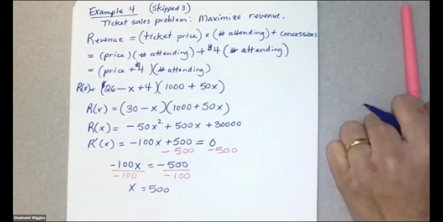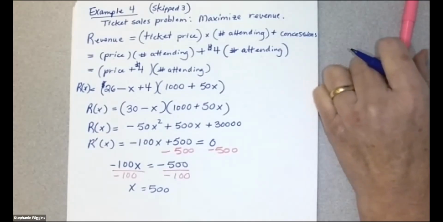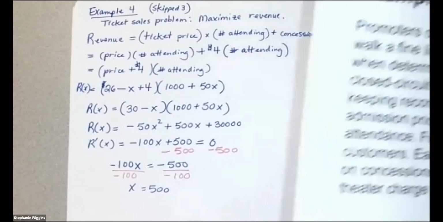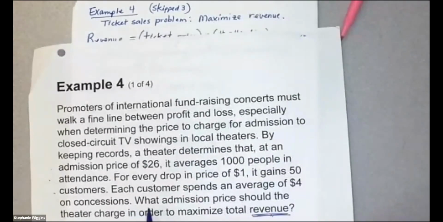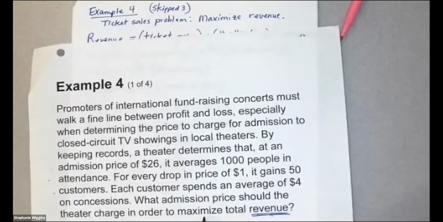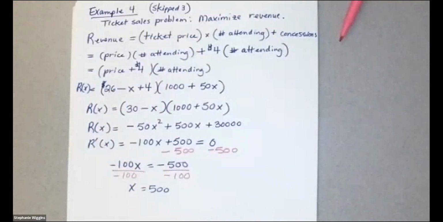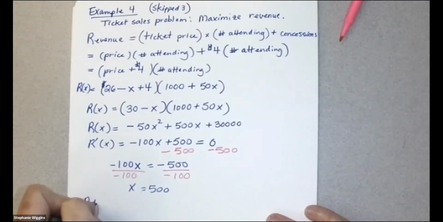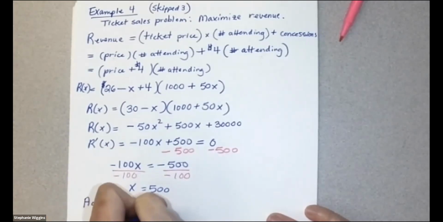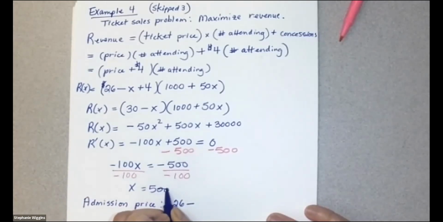Okay? But let's get back to the question. The question is, what admission price should the theater charge in order to maximize total revenue? Well, the ticket price is 26 minus, oops, that's supposed to be 5.